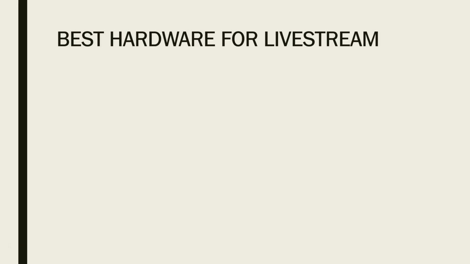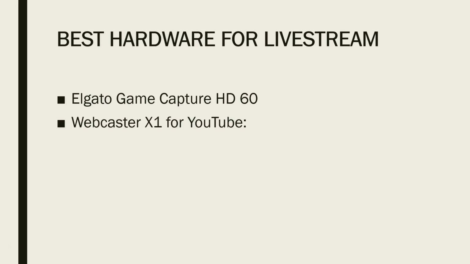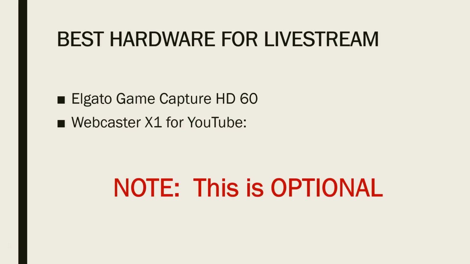Now, let's get to the hardware for live stream. I'm going to be honest with you guys, this can be a little expensive, and I call this totally optional. So we have the ELGATO Game Capture HD 60 and WEBCASTER X1 for YouTube. Usually when they're doing hardware for live stream, this is if you're really going to go hardcore, doing a lot of YouTube live videos.